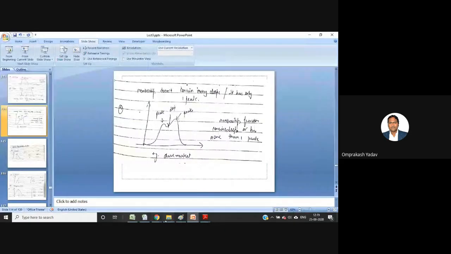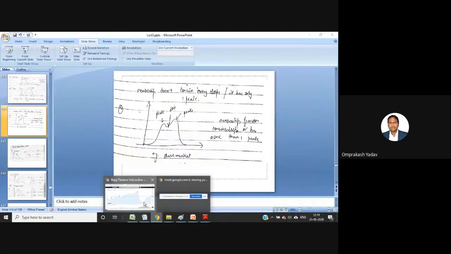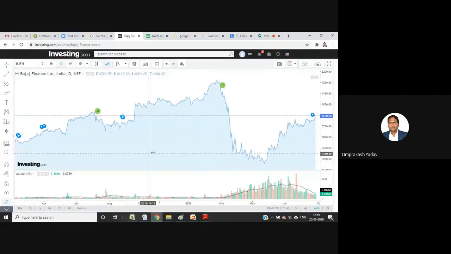So many people try to predict. For example, suppose you are doing any project, they try to predict the prices of the stock. For example, today this Bajaj Finance has increased by 70-80 points.